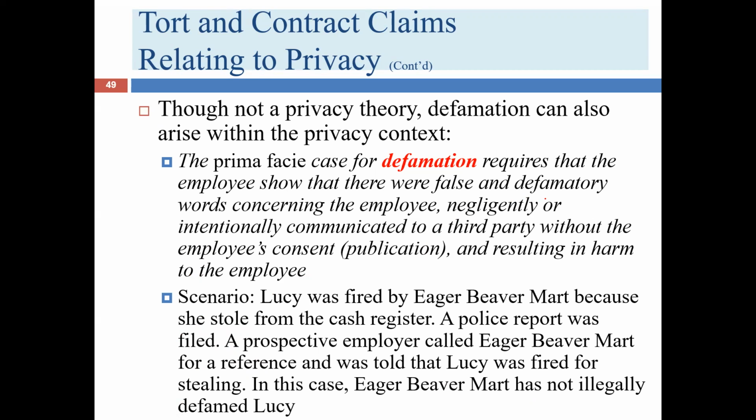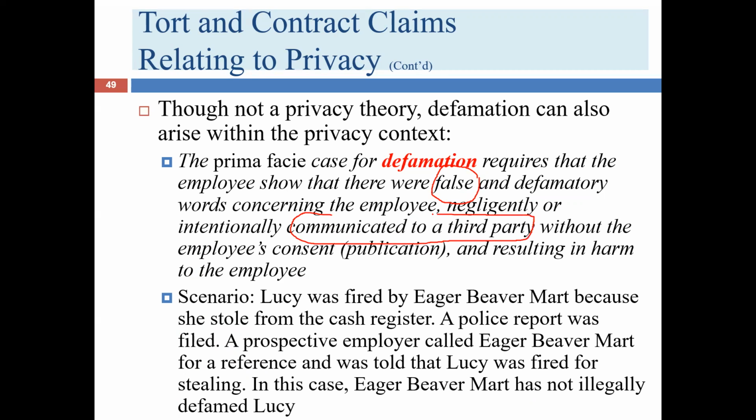So, what do we have to prove for both types of defamation? Well, of course, the first thing that has to be proven is that whatever was said was false. And if it's true, it can't be defamation. The second thing is that it has to have been communicated to a third party.